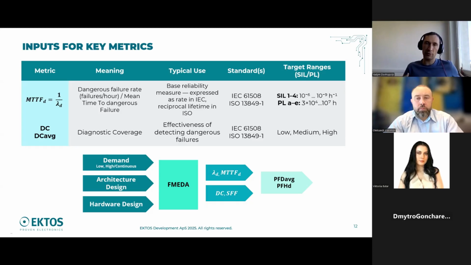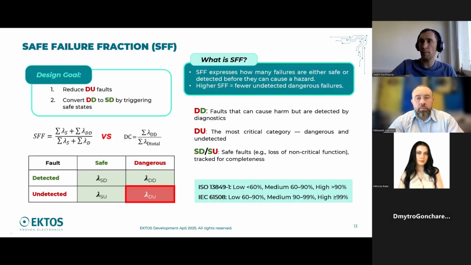I mean, based on real calculations, and the same for diagnostic coverage. At the beginning, we select diagnostic coverage as low, medium, high before starting FMEDA, and after FMEDA, we can get the exact value of diagnostic coverage or safe failure fraction.